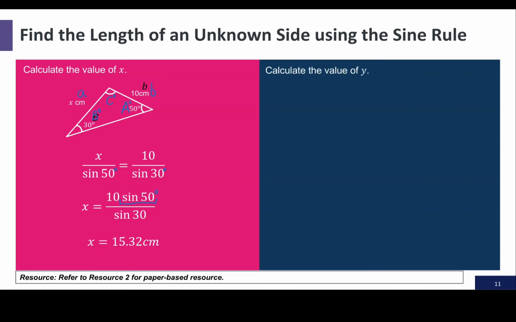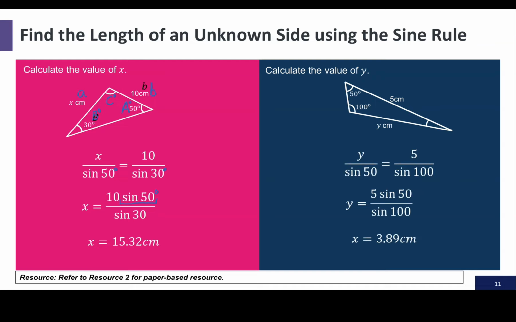Here is your question. Pause the video and have a go now. Here's the solution. Now I have labelled this y as lowercase a, 50 degrees as capital A, 5 as lowercase b, and 100 degrees as capital B. And as before, I've only used 2 parts of the formula.